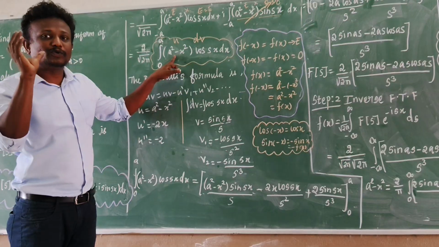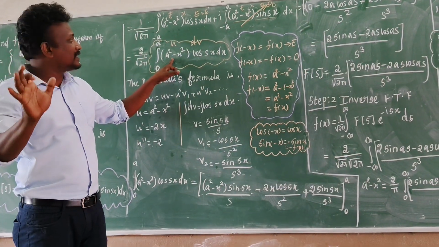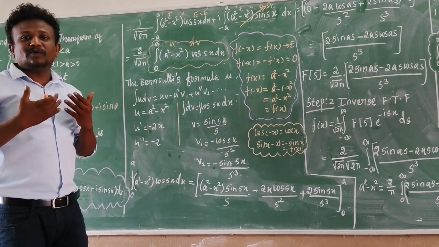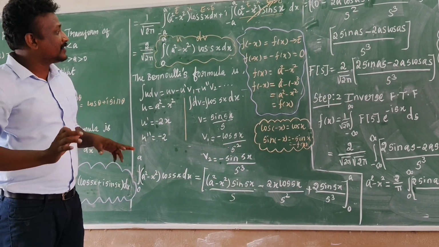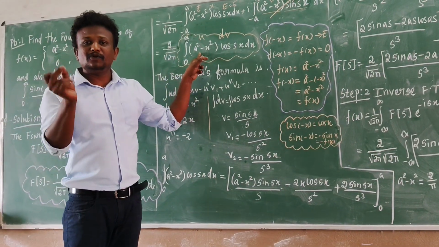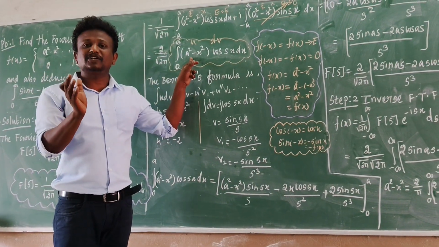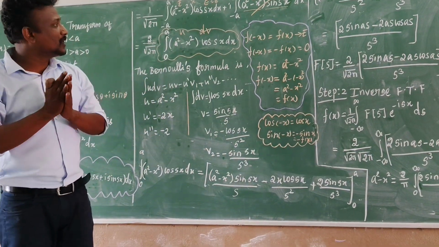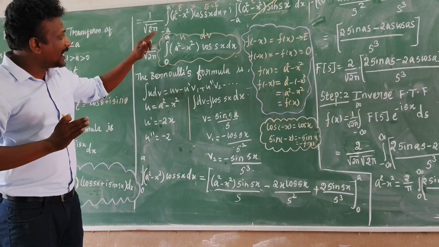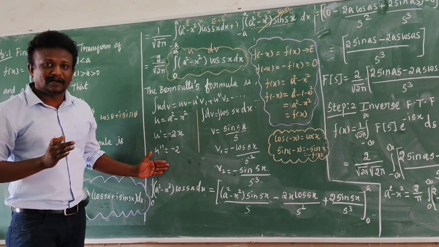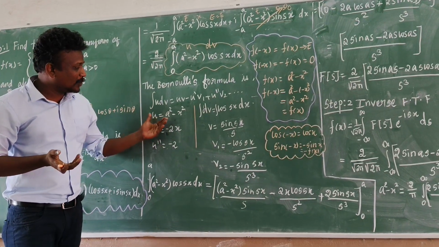What term is easy to differentiate has to be treated as u, because only that will give 0 at some point of differentiation. So the condition to choose u is that when you differentiate your u, you should get 0 at some point. In that aspect, you have to choose your u, right? So if I choose this one, definitely I will get 0 at some point of differentiation. Let's see how it works.